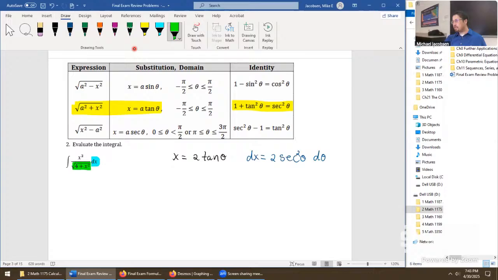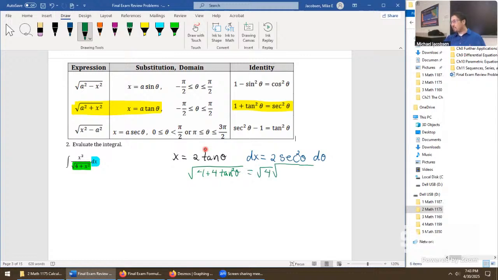Next part, you might have done a lot of these and decide I know exactly what that's got to come out as, but it doesn't hurt to be a little bit careful. Let's write out some algebraic steps. It's 4 plus x squared, so we're going to square 2 for 4. That's why we wanted a 2 there, to match up the 4 and the 4. Tangent squared theta. Factor out the root 4.